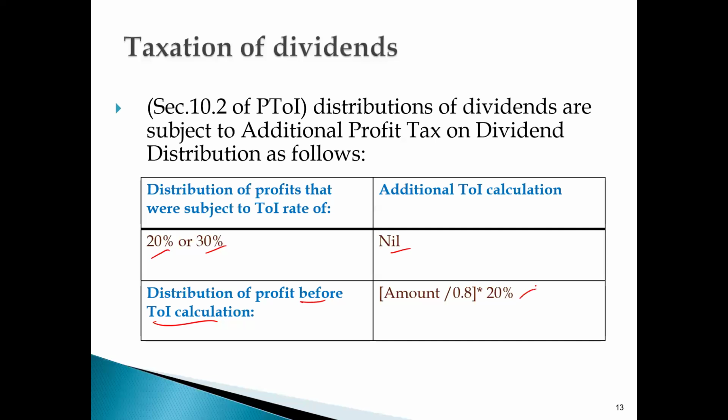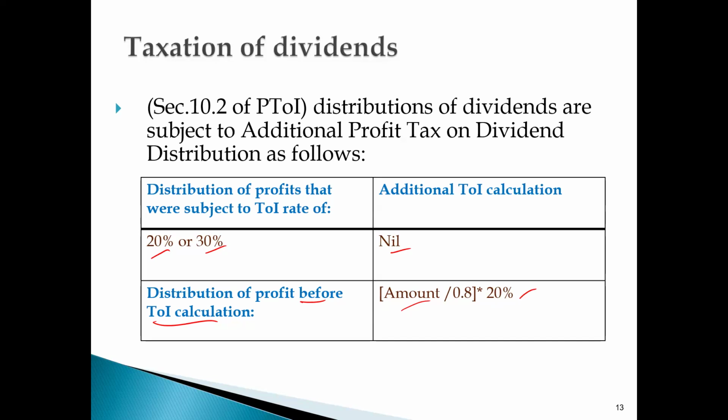If your profit tax is 20%, then the formula to calculate this tax is equal to the amount you actually distribute or transfer to the shareholders divided by 0.8 and then multiplied by the 20% tax rate.